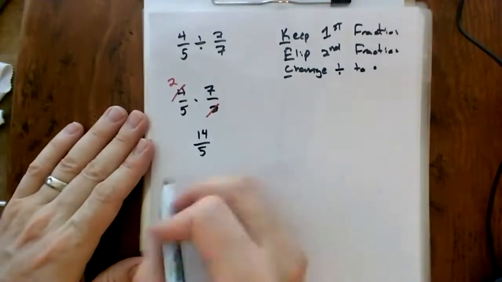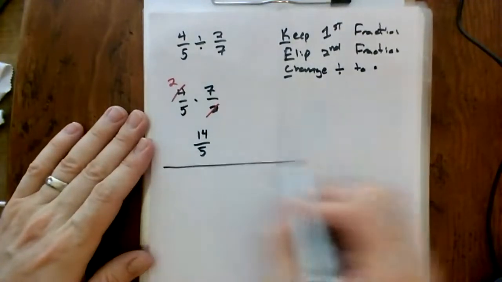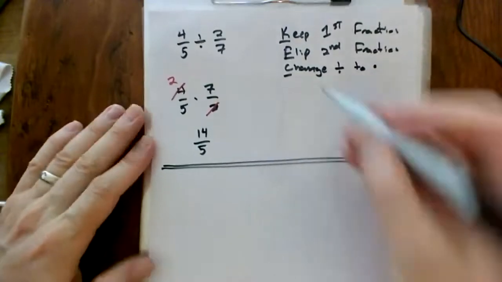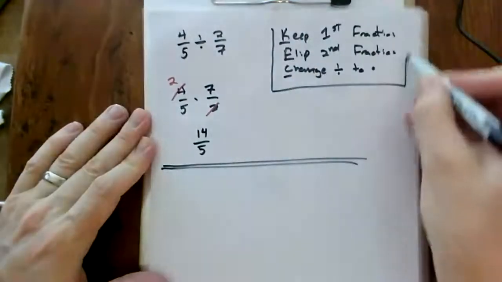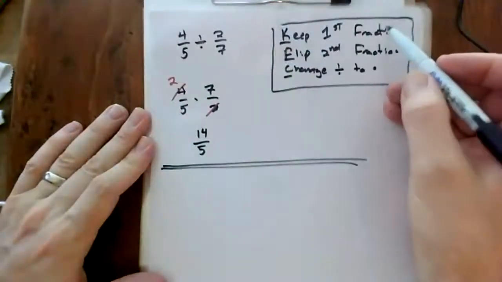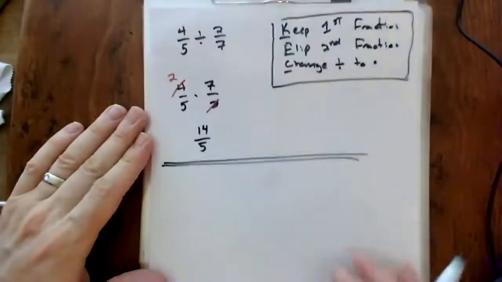So last thing that we should do here is let's show this with a rational expression. The same idea works. Keep that first, flip the second, change the division to multiplication.